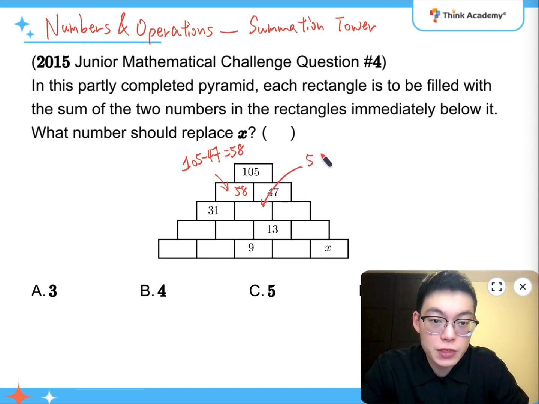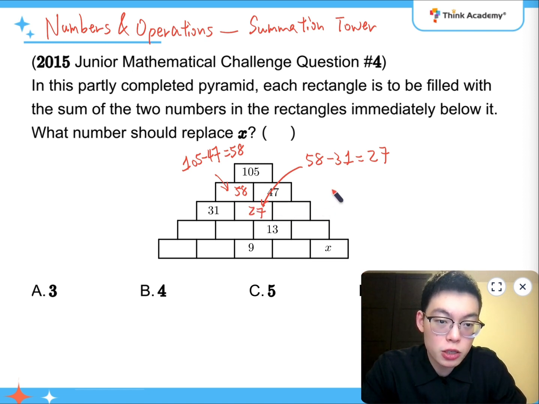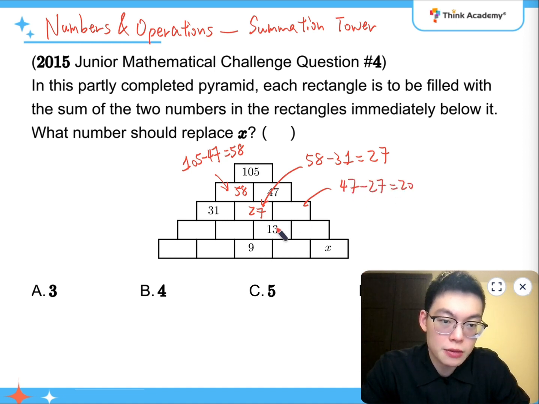That's going to be 58 take away 31, which we can find that it's 27. After knowing the middle box, we can find the box on the right. So 47 take away 27 is 20. Knowing this box is 20, we can move on to the bottom one. 20 take away 13, that's 7.